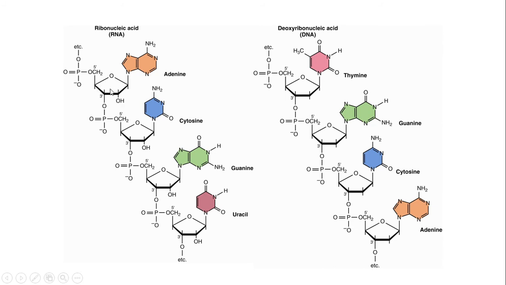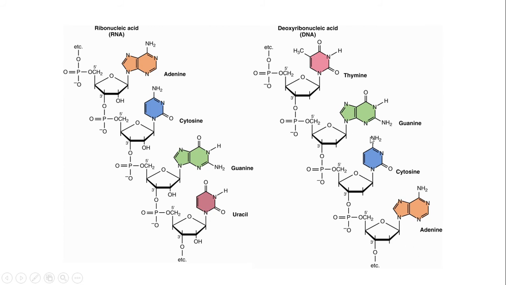So the 3' hydroxyl group in ribose is going to react with the phosphate group in the subsequent residue. So we have a 3' to 5' linkage here. Same happens in DNA, 3' to a 5' phosphate group.